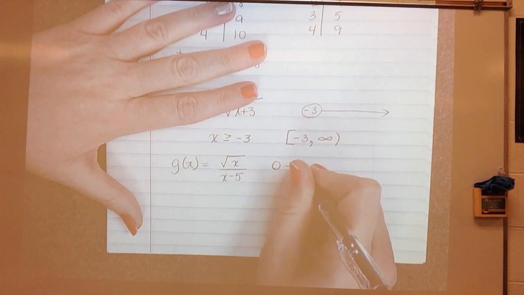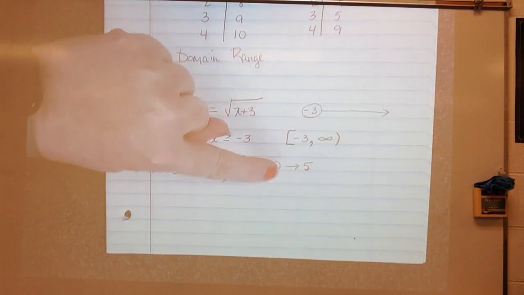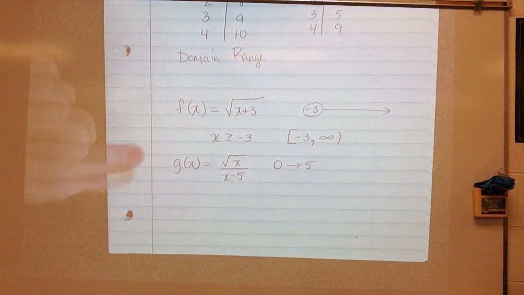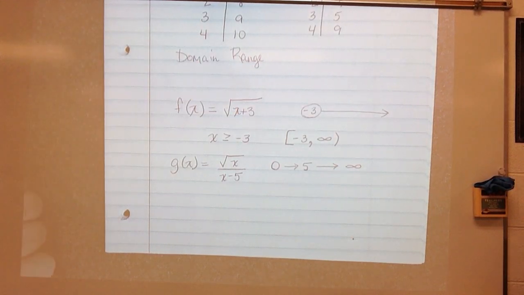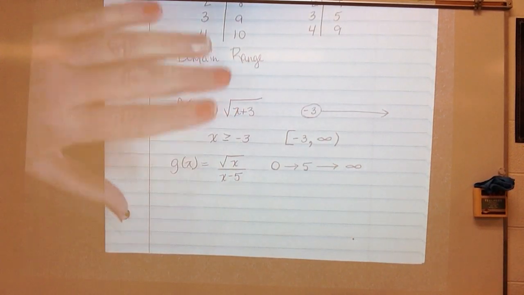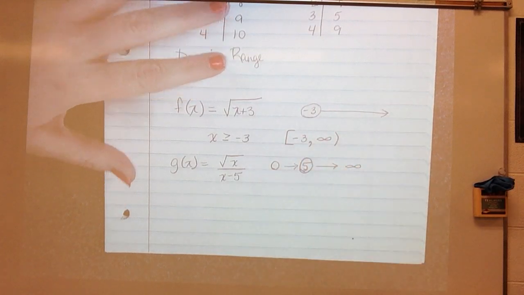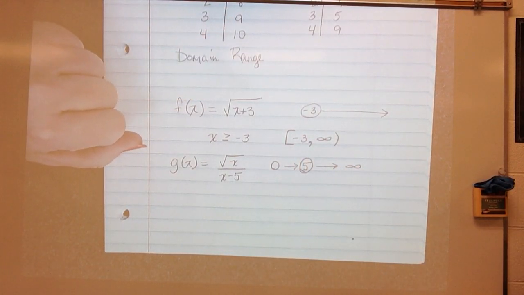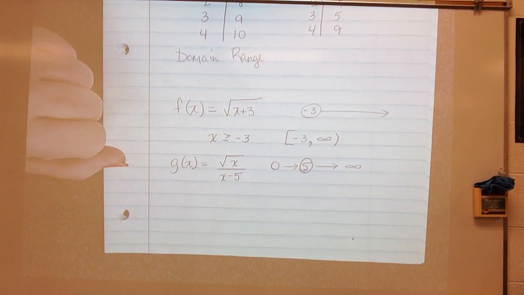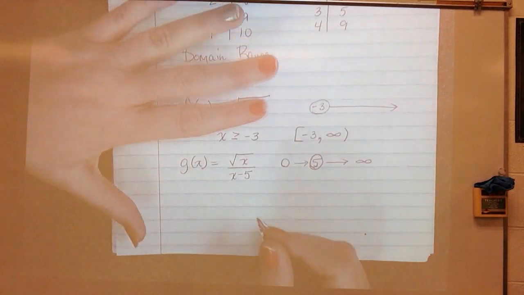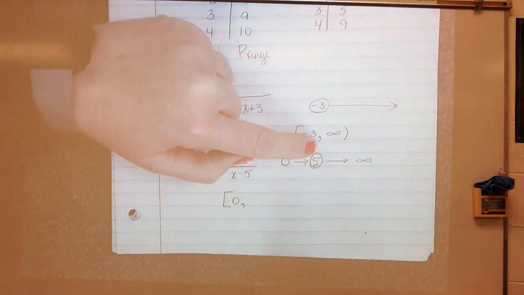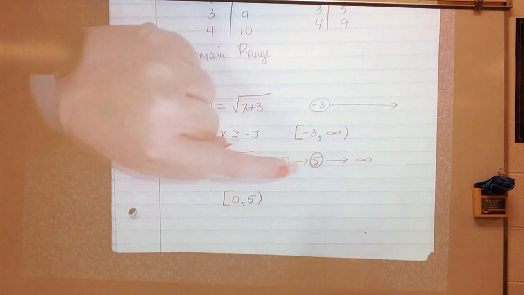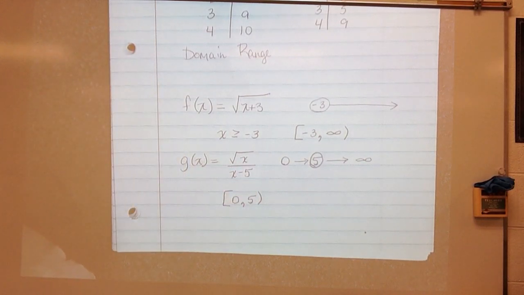So I know that I can go from 0 to 5, and then from 5 to infinity. Okay? But here's what I also need to make sure I understand. This number right here is not included. So therefore, I need to write my interval. I'm going to start at 0, so 0 is included, and I'm going to go to 5, but I'm going to use parentheses here because 5 is not included.